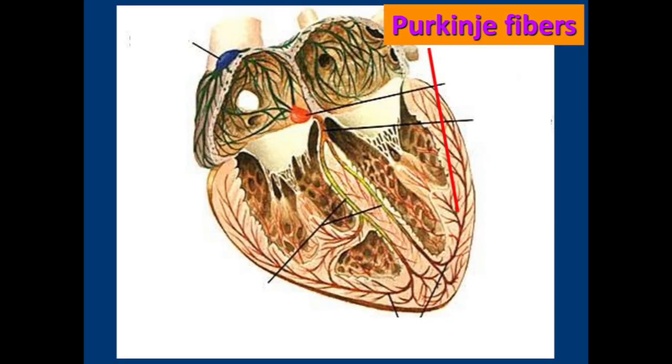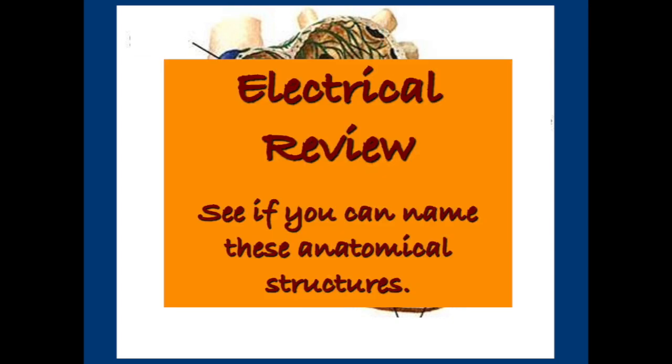And from there, that is going to proceed through these tiny little filaments called the Purkinje fibers that will cause the electrical activity to cause the heart to beat. Over the next few slides, I'm going to just let you go through them.